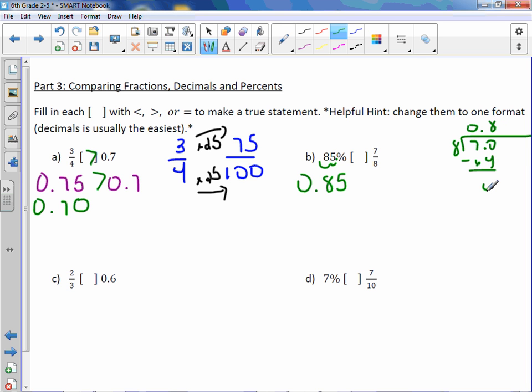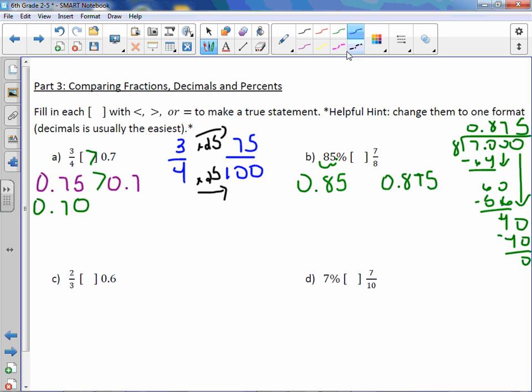Subtract and get 6. Bring down a 0. 8 goes into 60 7 times, which is 56. Subtract and get 4. Bring down a 0. 8 goes into 40 5 times exactly. Minus 40 is 0. So this is 0.875.